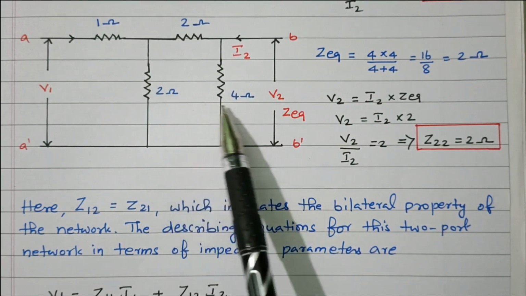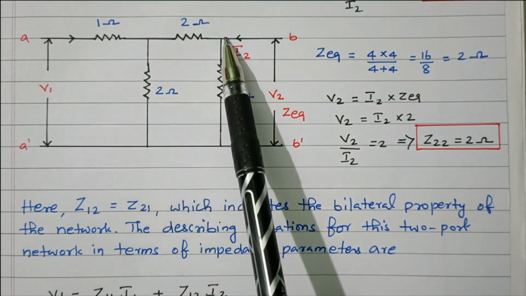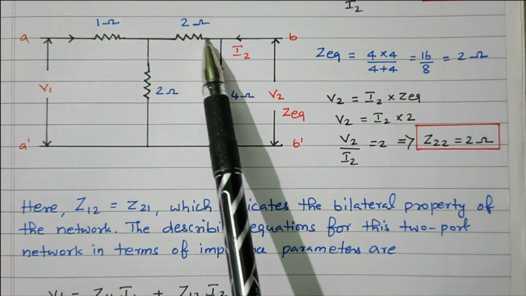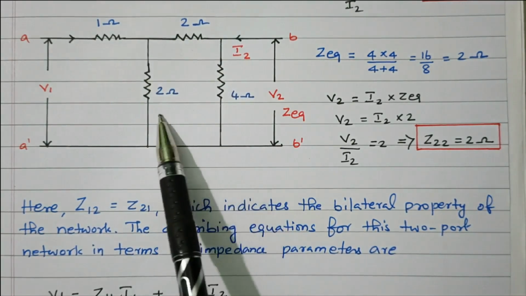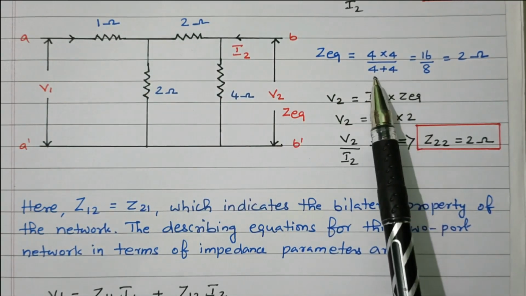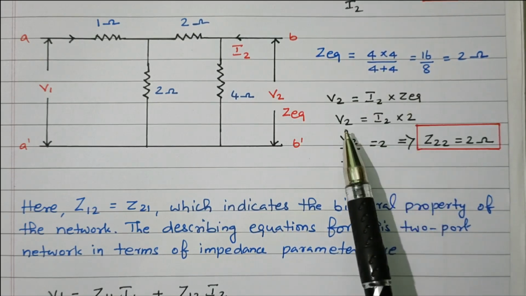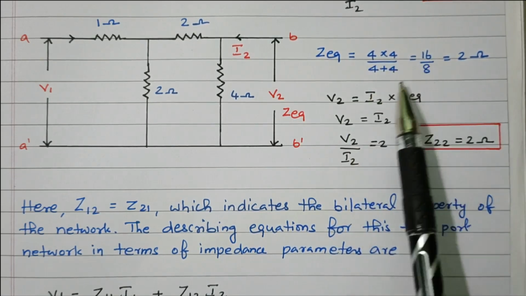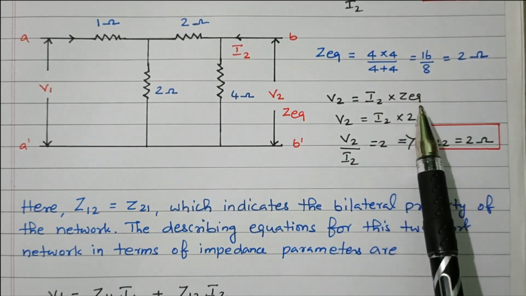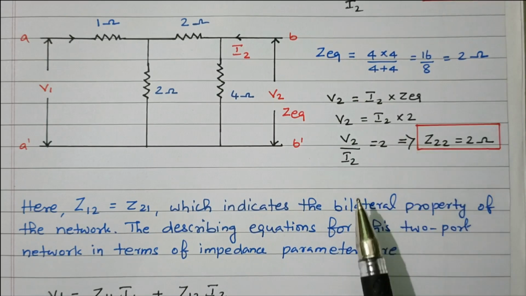So the 4 ohm resistor and the 2 plus 2 ohm resistor are both in parallel. Z equivalent equals 4 into 4 divided by 4 plus 4, R1 into R2 divided by R1 plus R2. 4 into 4 is 16, divided by 8, so 16 by 8 is 2 ohm. Z equivalent equals 2 ohm.